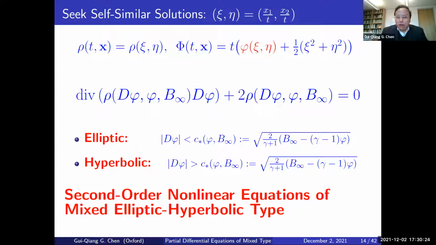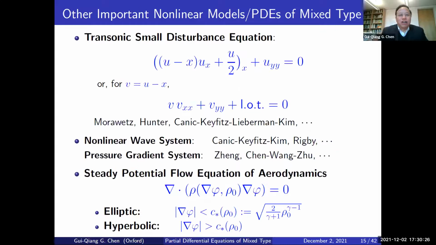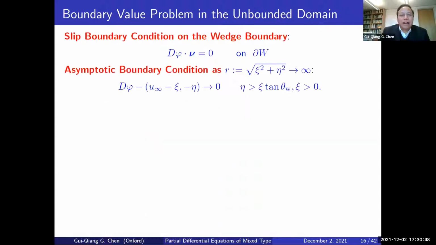There are earlier model equations of this kind, such as the so-called GSDE equations, and other nonlinear wave equations, the pressure gradient equations, and the steady potential flow equations, all of mixed type. That case is a little simpler than what I showed you earlier. So the original initial boundary value problem, in self-similar coordinates, becomes a boundary value problem in an unbounded domain.